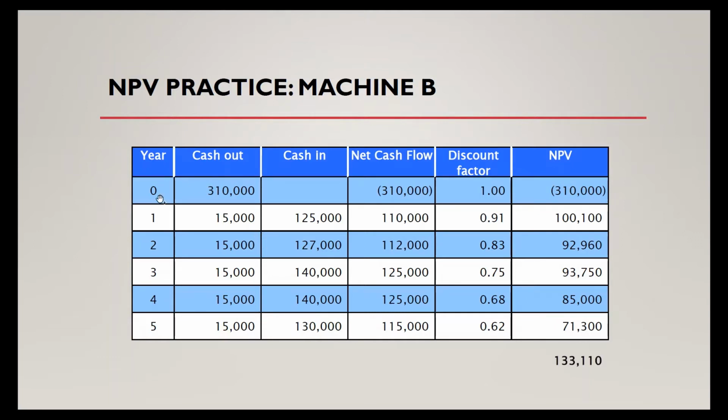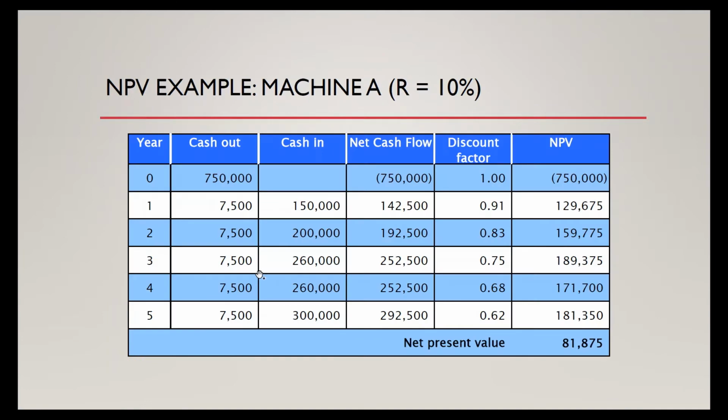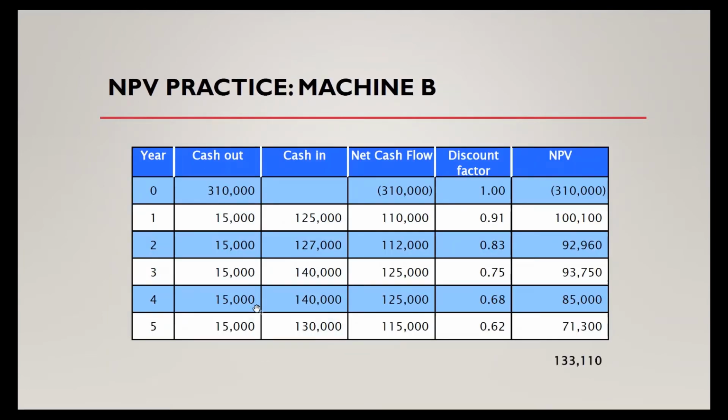So for the year 0, which is today, we have a cash outflow of investment values 310,000 for machine B. And every year we are planning to spend £15,000 to invest in the Facebook advertisement for machine B. The third column shows the amount of cash inflow. So in this case, it will fluctuate between 125,000 and up to 140,000.